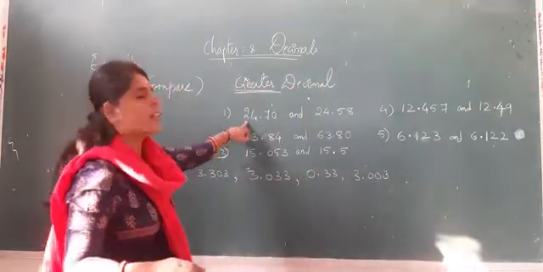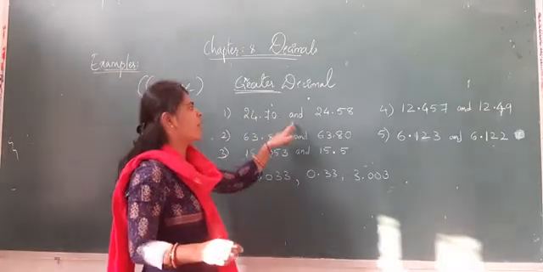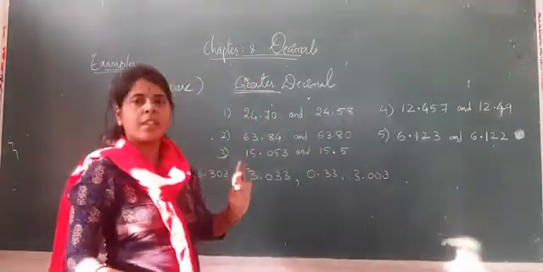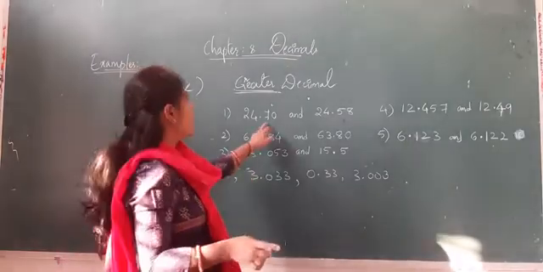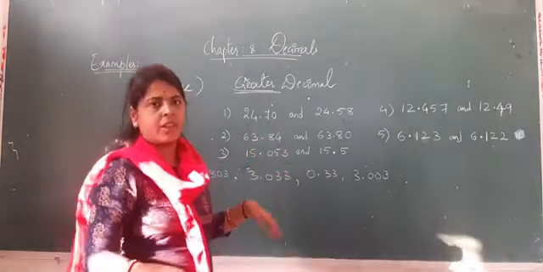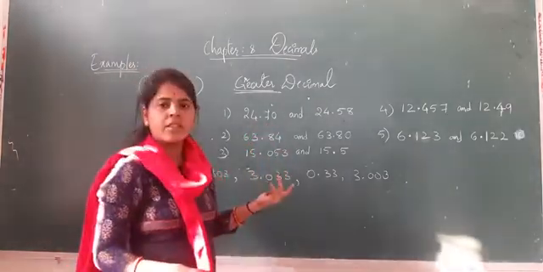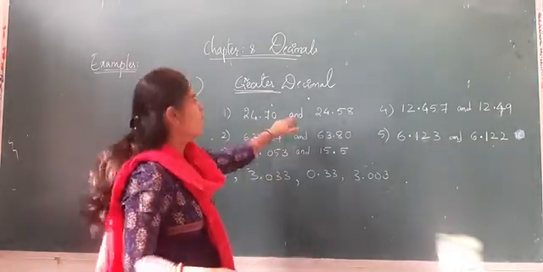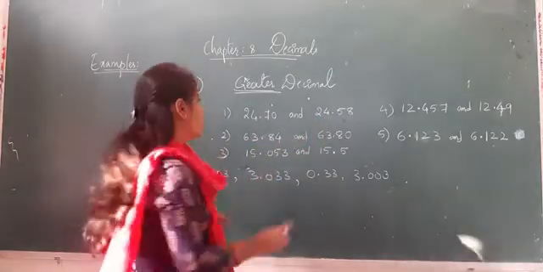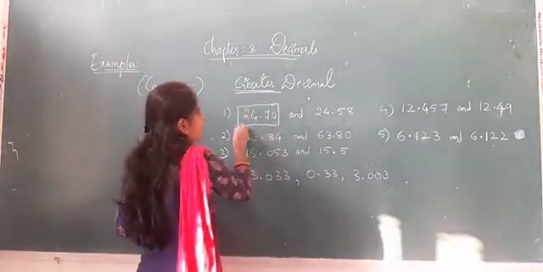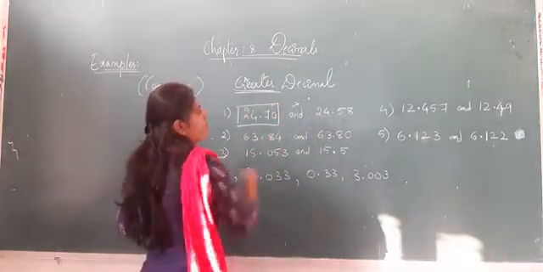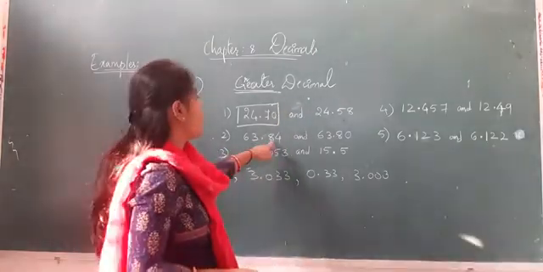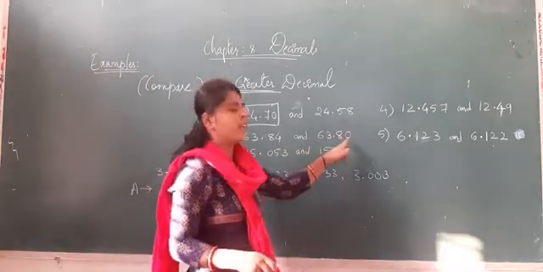Okay. Here it is given 24.70 and 24.58. Right. Before the decimal, both numbers are 24, but after the decimal, it is 70 and 58. Obviously, you can see that 70 is greater than 58, because 0.7 is greater. 0.5 is smaller. So this is the greater one. Okay. You can show it in this way with the symbol. Now, the second one, 63.84 and 63.80.